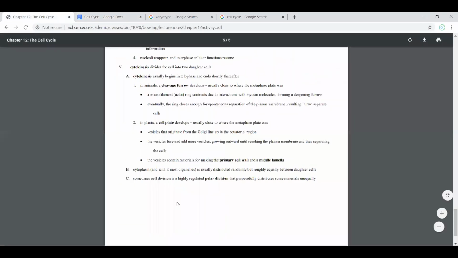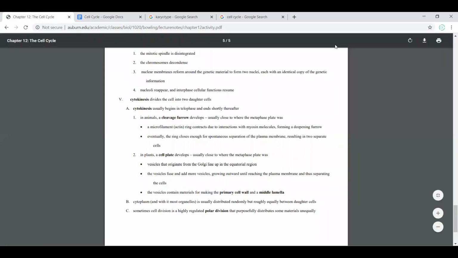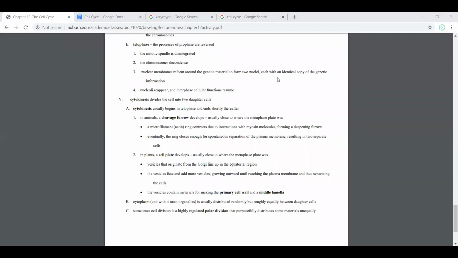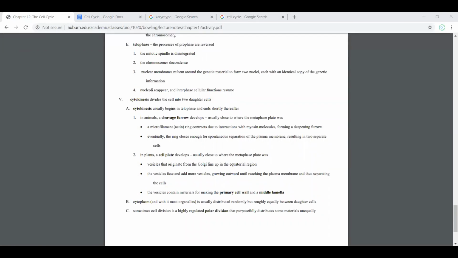So going back here, now let's talk a little bit about plant cell division. Or wait, first we have to talk about the cleavage furrow. In animals, a cleavage furrow develops.